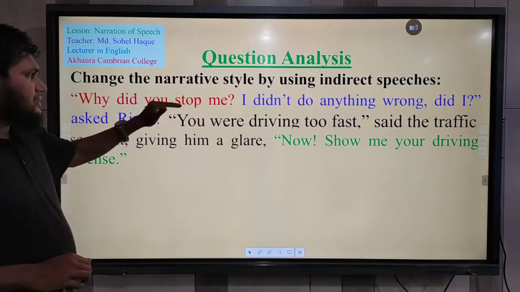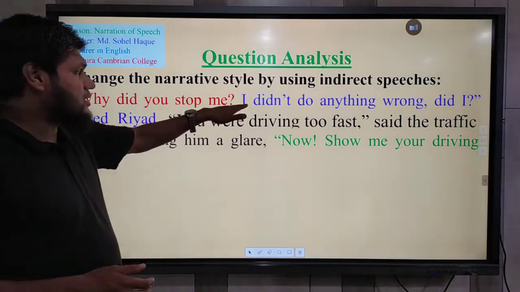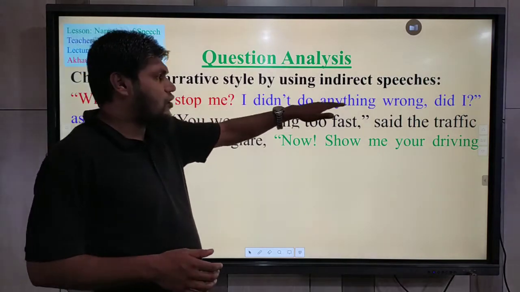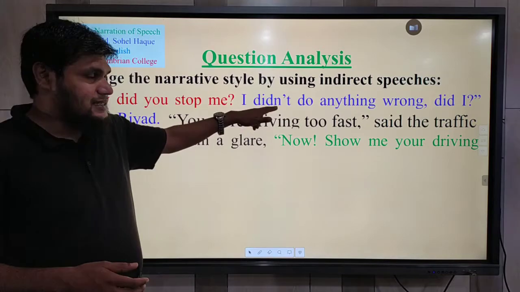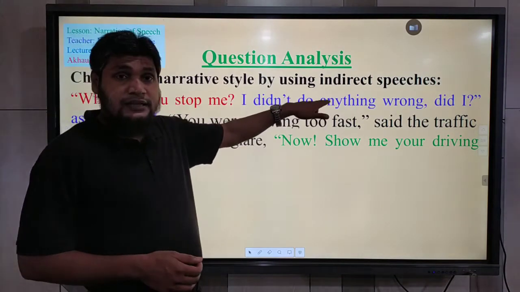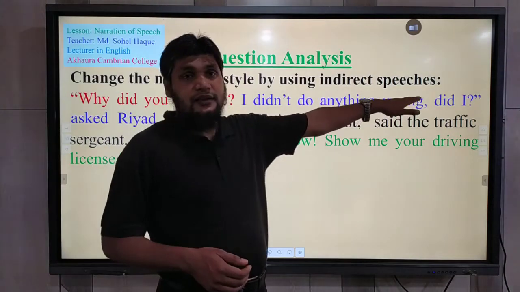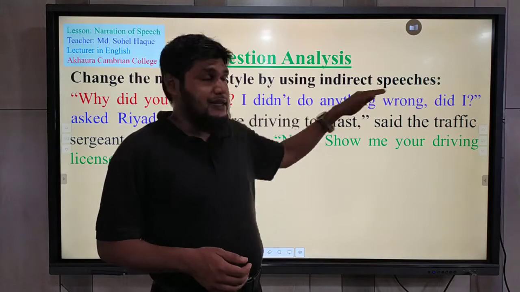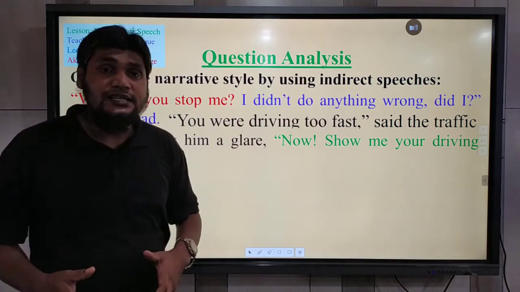The first one is an interrogative sentence, and the second one, I didn't do anything wrong, did I? Is it an interrogative sentence? No. It's an assertive sentence, but with a tag question. The assertive sentence is combined with a question tag.